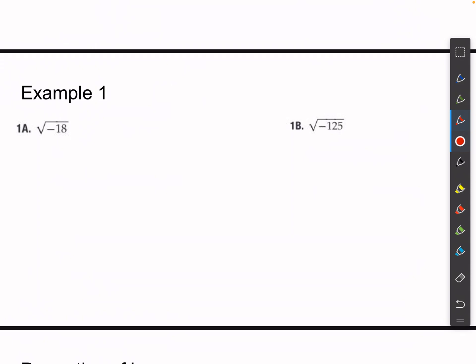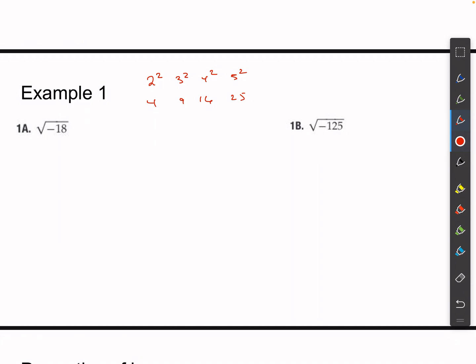Perfect squares being 2 squared, 3 squared, 4 squared, 5 squared. These are perfect squares, right? So 4, 9, 16, 25. Feel free to write a bunch of them down if you want to use them, but you should start to see those perfect squares when they exist.